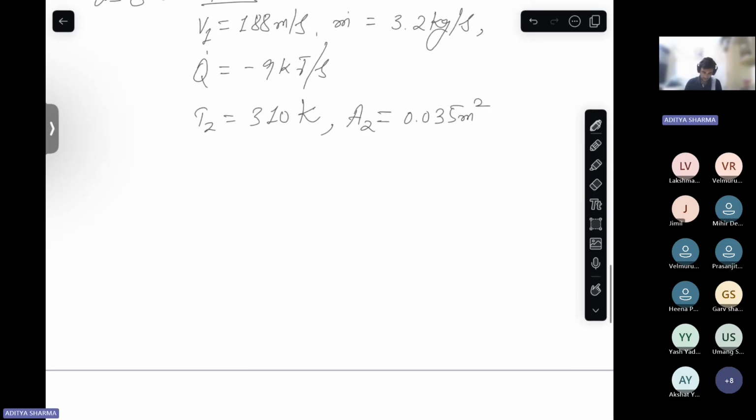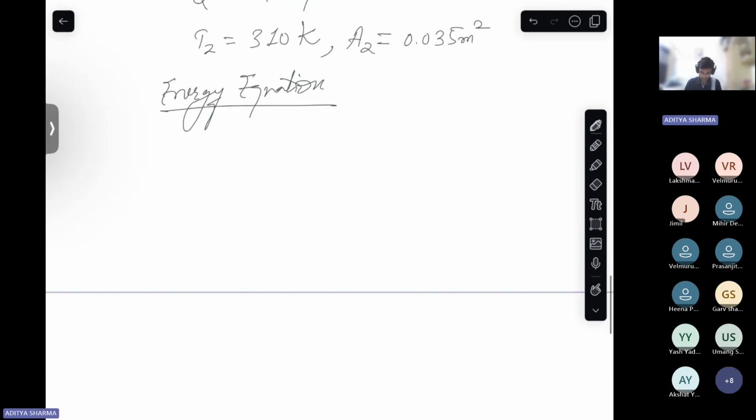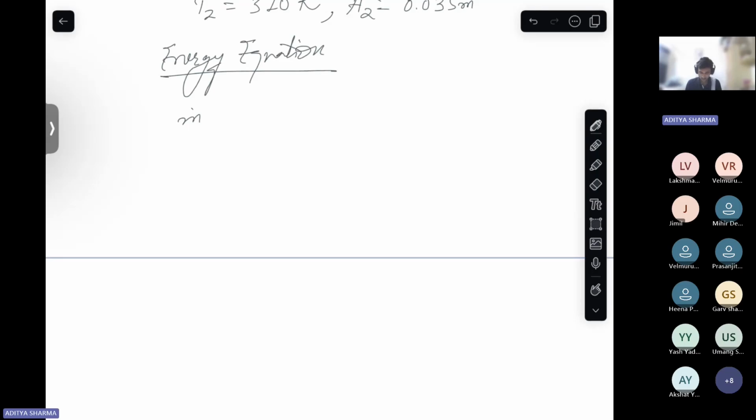Now, what we will be doing, we will be using the energy equation. Right? So as per your energy equation, energy from inlet and exit, we will be comparing.